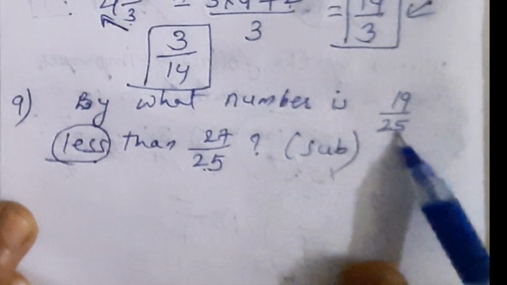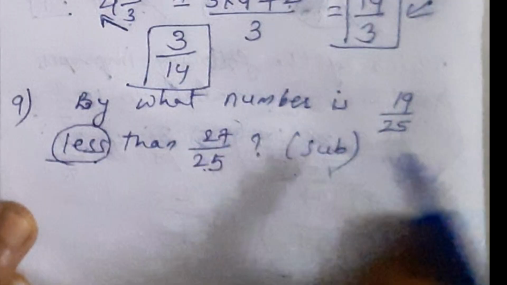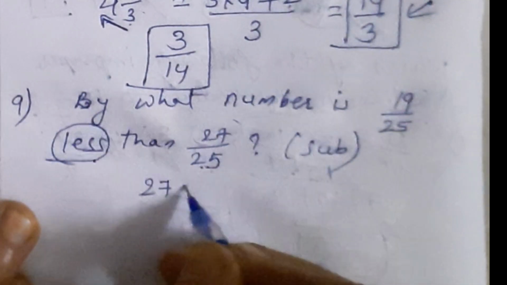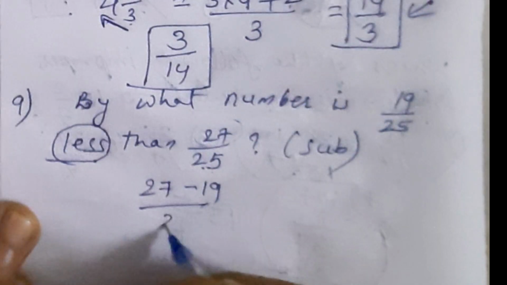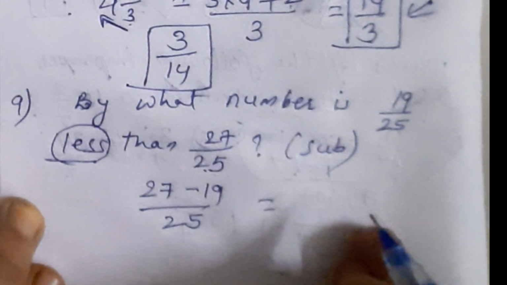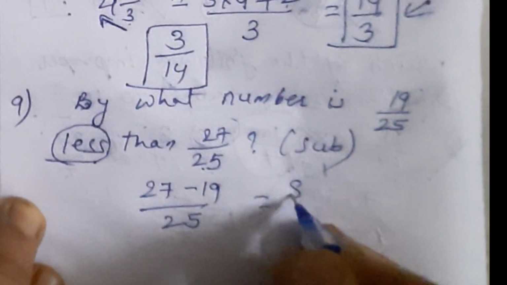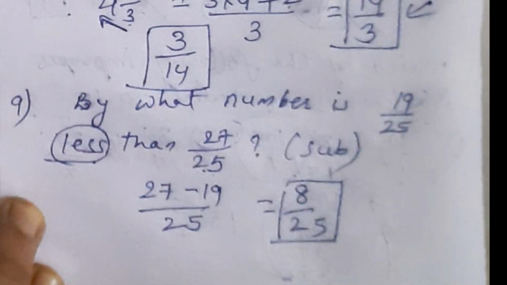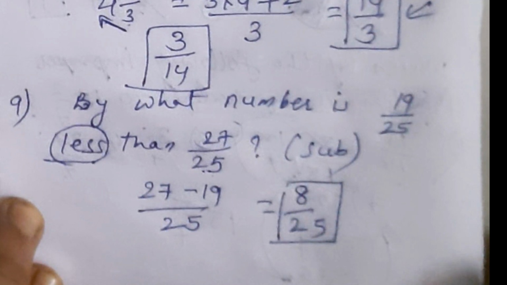If the denominator is the same, the numerator with the bigger value is bigger. So we subtract 27 and 19, whole divided by 25. Thus 27 minus 19 is 8 upon 25. So the final answer is 8 upon 25.